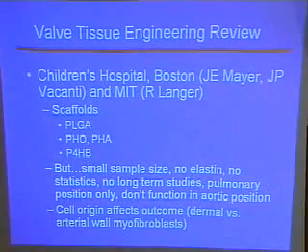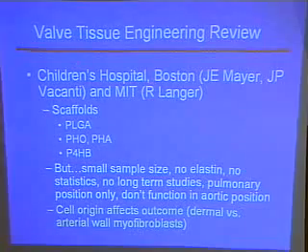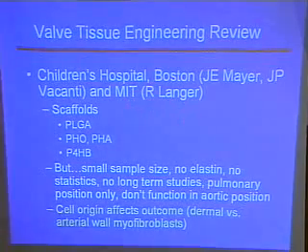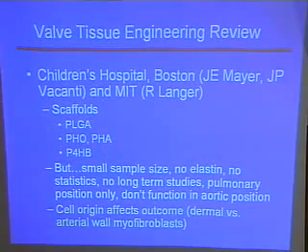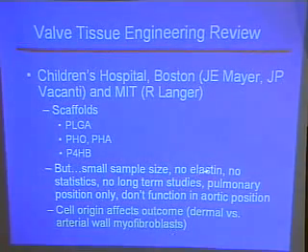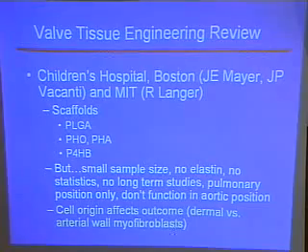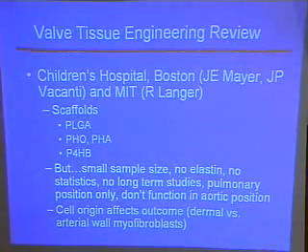Another group, which is the collaboration between Mayer and Vacanti at Children's Hospital in Boston and Robert Langer at MIT, showed feasibility of tissue engineering valves using a number of different biodegradable valve scaffolds. However, they have reported small sample sizes, and no elastin or little elastin is incorporated into their valves, where elastin is very important in native valve function.